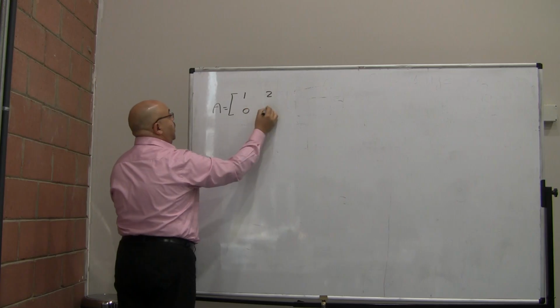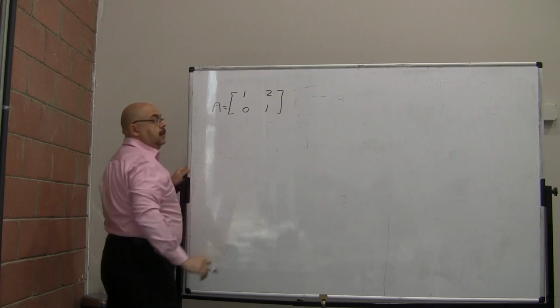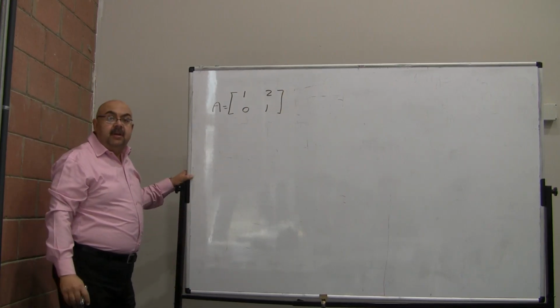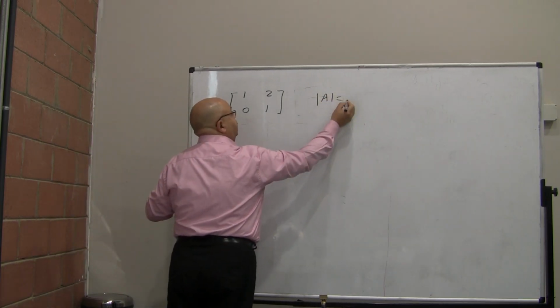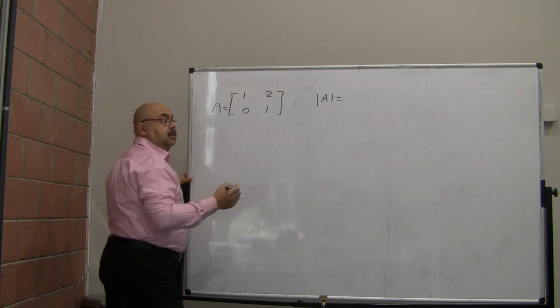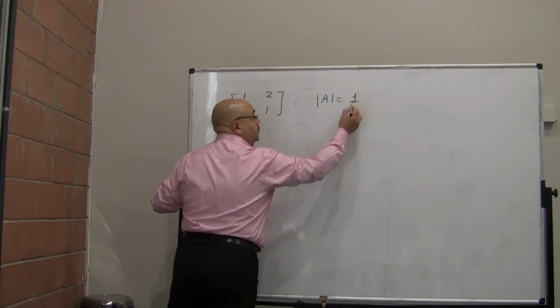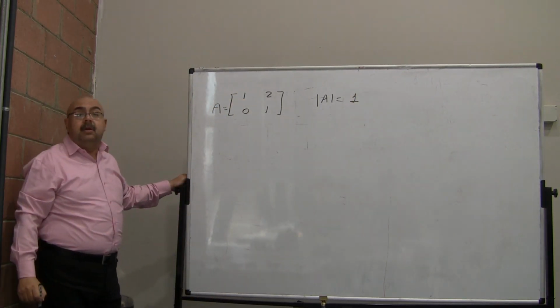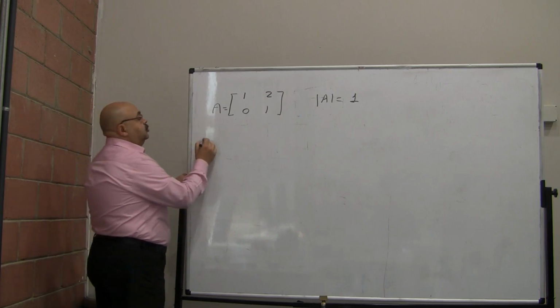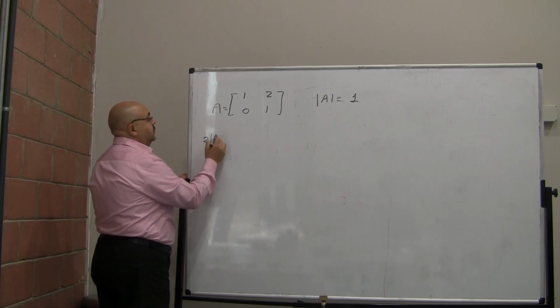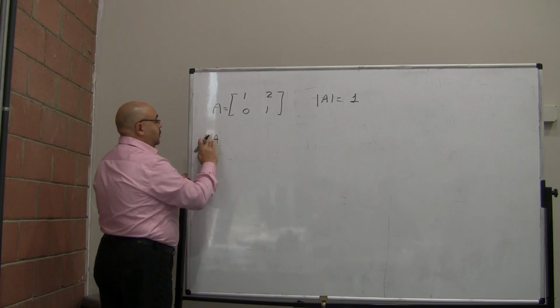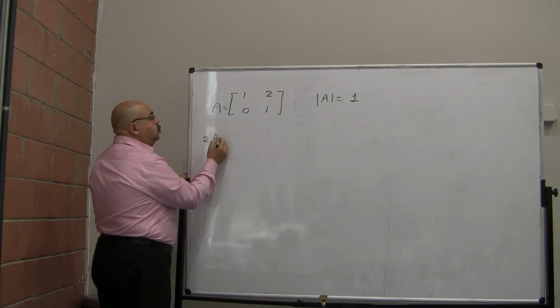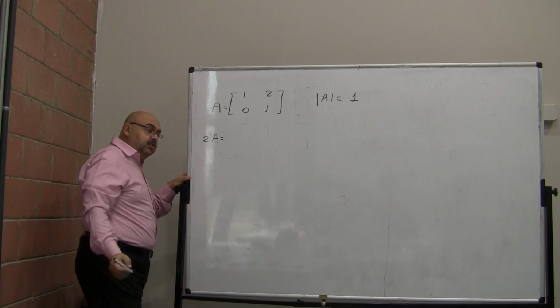2, 0, and 1. Okay? This is matrix A. How do you get the determinant of A? It is going to equal? Okay, let's get 2A. What is 2A? Multiplying matrix A by 2.